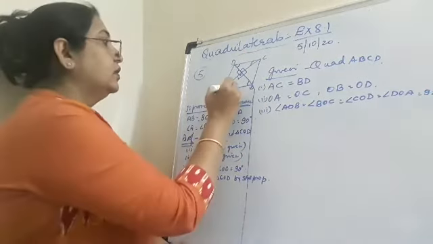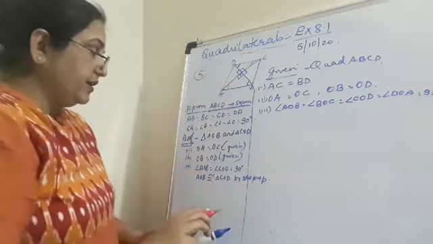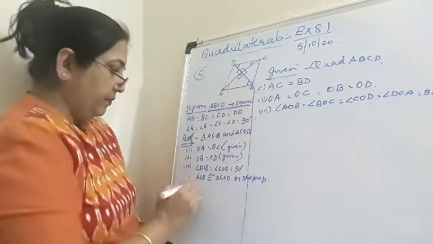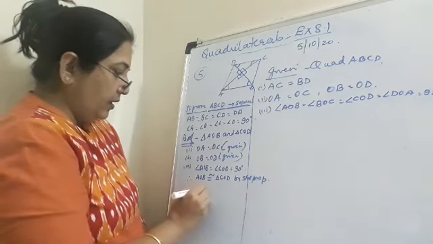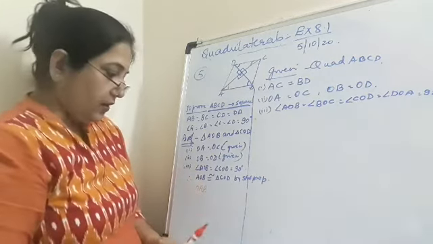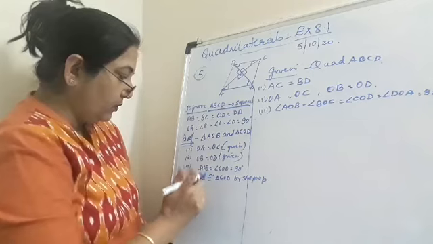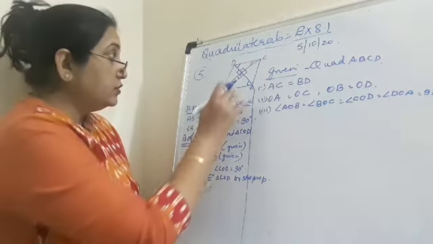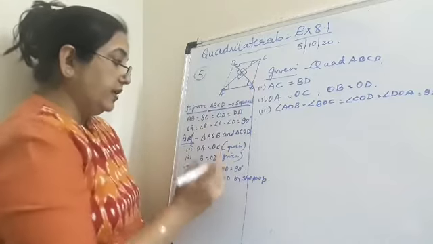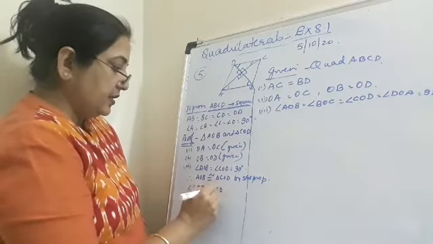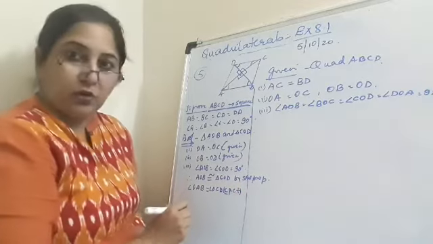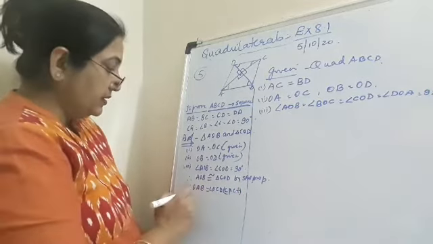So I will now write angle OAB is equal to angle OCD. And we are writing this because they are corresponding parts of the congruent triangles.